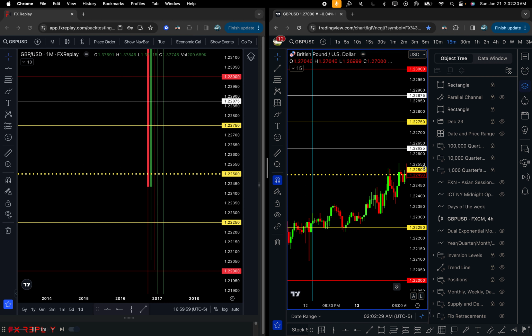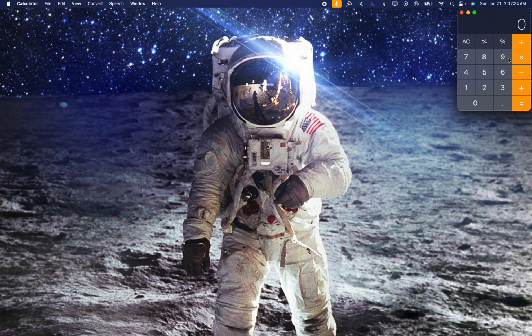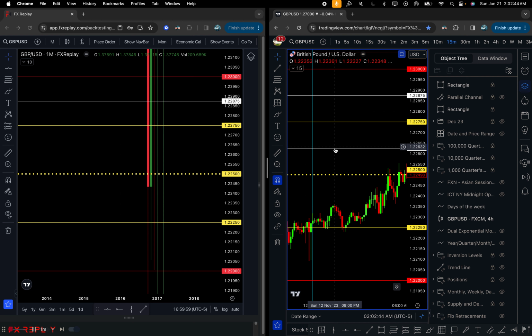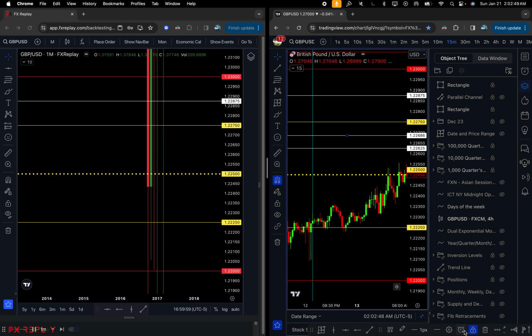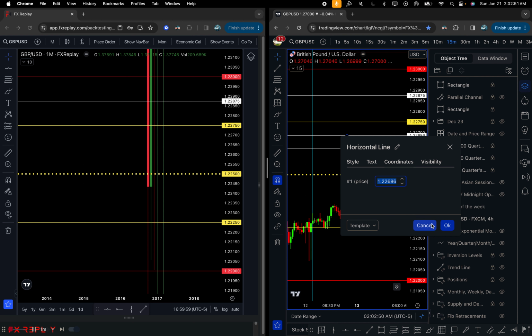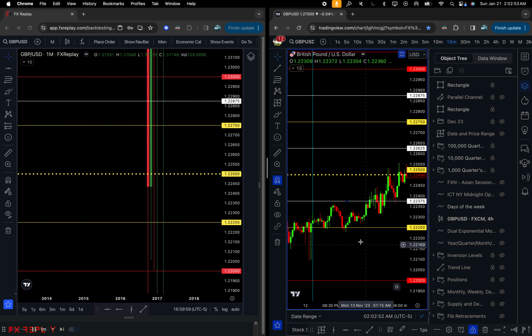So it's basically going to be 0.00250, right? So paste, and this is going to be minus 0.00250. That's the distance. So we're going to try to get this next level, and what we're going to do is just clone this, and we're going to click down this and paste and get that.